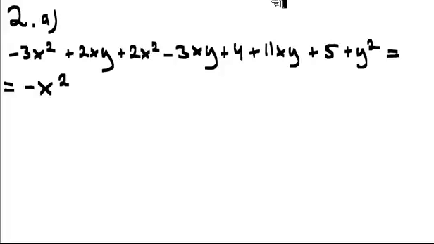How about y2? We only have one y2, so it's going to be plus y2. Then we have the xy. I'll highlight these. Plus 2xy minus 3xy plus 11xy.